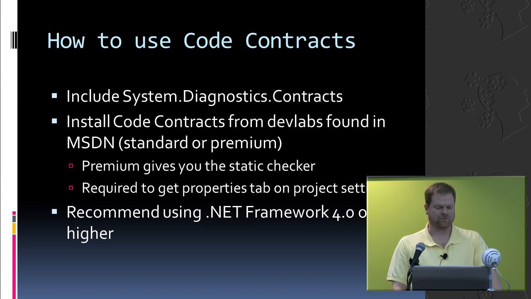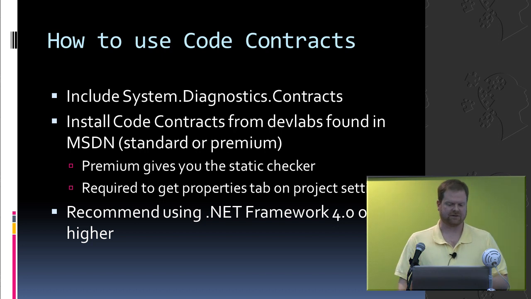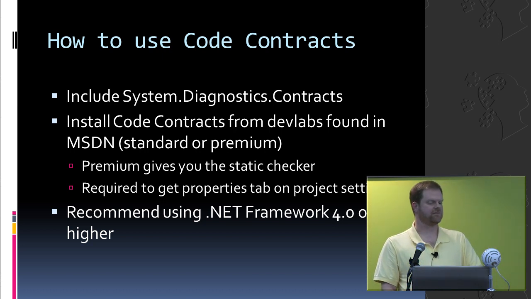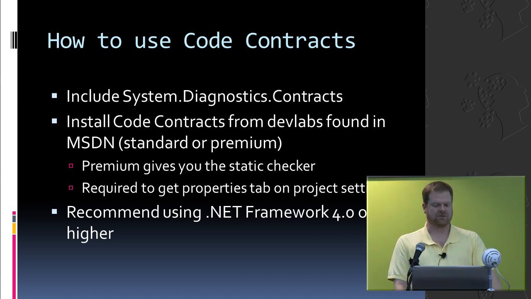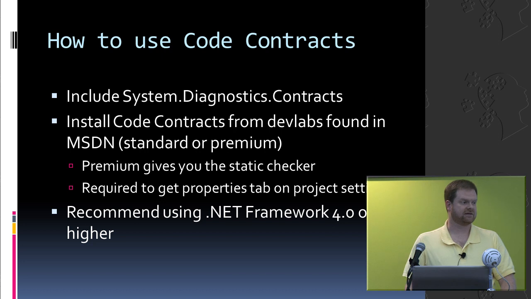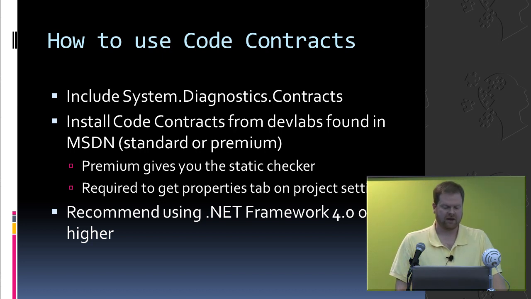When I get to showing you my code project, you'll see that there's a new properties tab. Unfortunately, the current version of Visual Studio does not have that integrated in, so you would have to install something from DevLabs, which I've listed here, and at the end of my presentation I've got a link to that install for you.